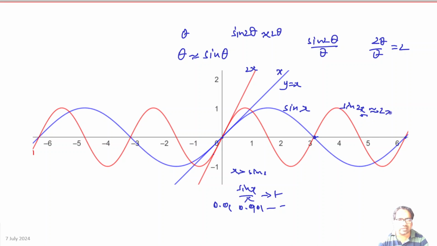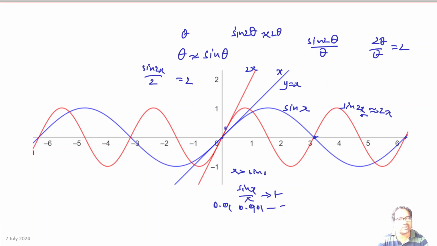You see, the red lines are closer, not the red and blue. So if you have to write sin 2x by x, 2x by x, it should be equal to 2. It is not equal to 1.